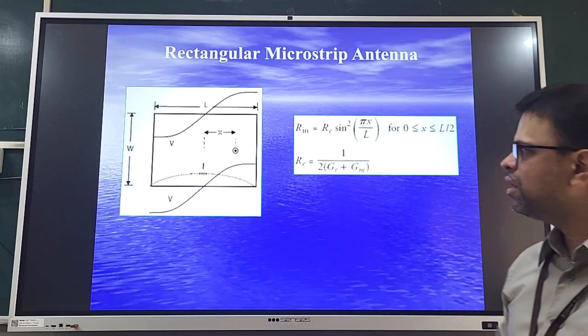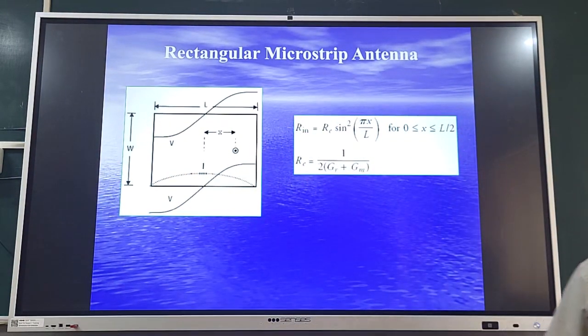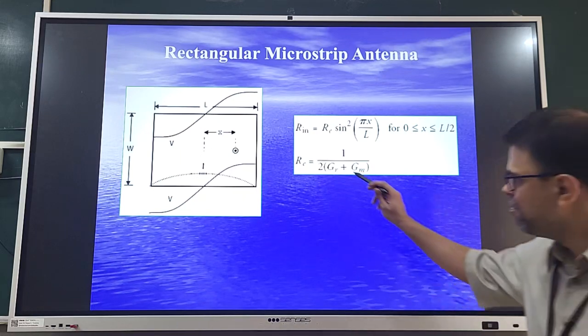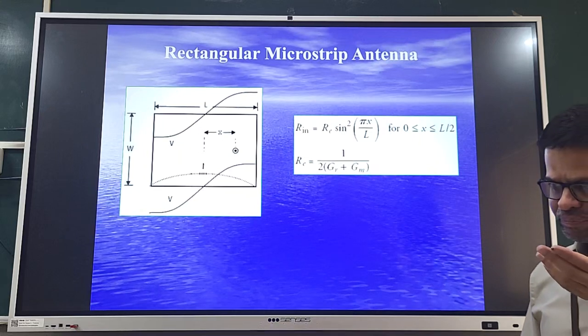But for distance equal to lambda by 2, the GM value tends to be 0. Hence in the calculation we generally do not take GM. Otherwise, to be more precise, we have to take that. But since the length of the patch is lambda by 2, we can neglect it because GM is a very minor contribution. So you only have 2 GR. There are formulas in the book, in the literature.